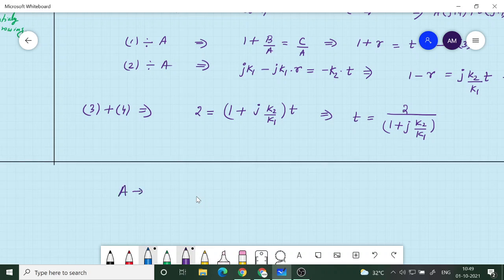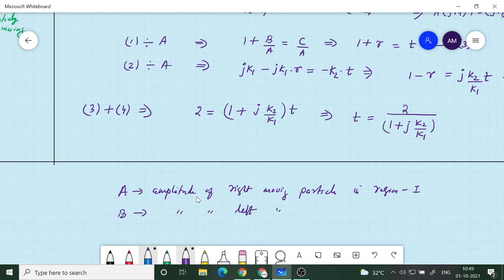So a is basically the amplitude of the right moving electron or particle. Okay, so particle could be anything. Right moving particle in region 1. What is b? B is the amplitude of the left moving particle in region 1.